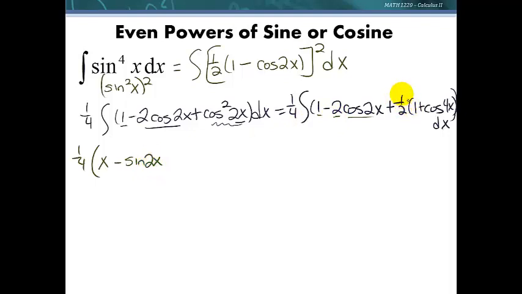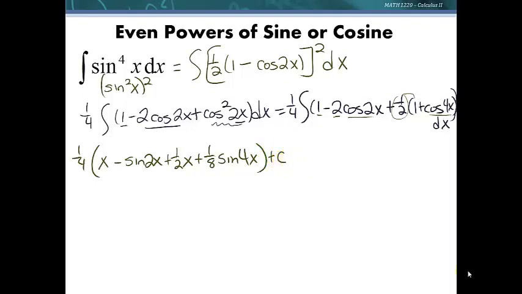Now this one is a 1/2, so that's going to become plus 1/2 x, and then we have a 1/2 out in front, and we're integrating cosine 4x, so that's going to become plus 1/8 sine 4x, because we had the 1/2 out in front, and when we do the chain rule we generate a 4, so we need the reciprocal of that, 1/4 out in front there, and then plus our constant of integration.